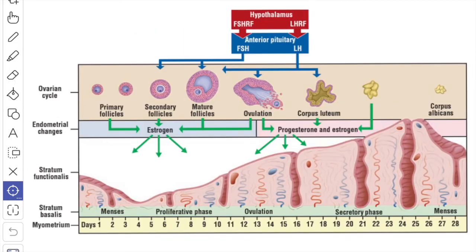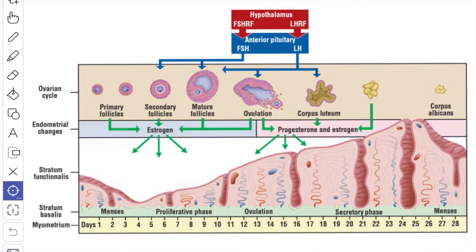The formation of the corpus luteum is stimulated by luteinizing hormone of the anterior pituitary. In addition, luteinizing hormone initiates ovulation. The granulosa lutein cells secrete mainly progesterone and a small amount of estrogen, and the theca lutein cells secrete estrogen only.